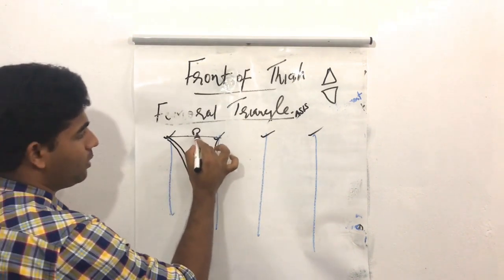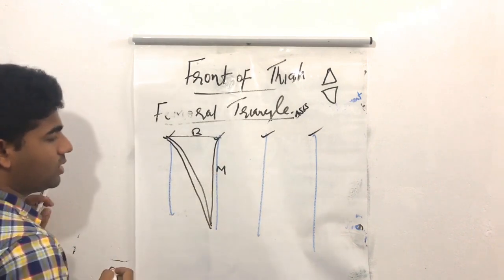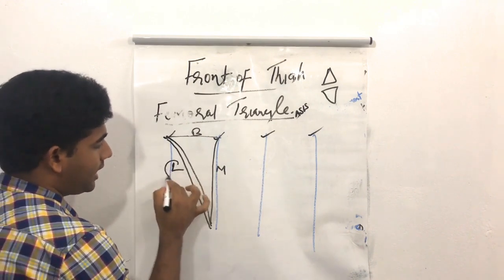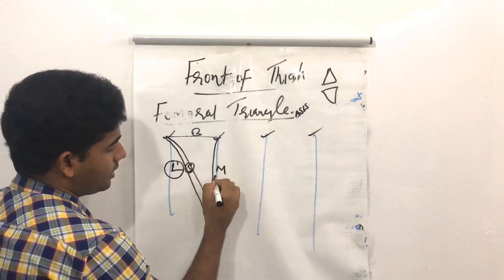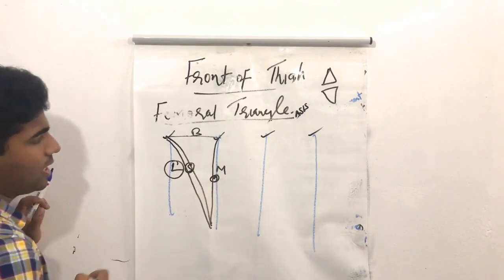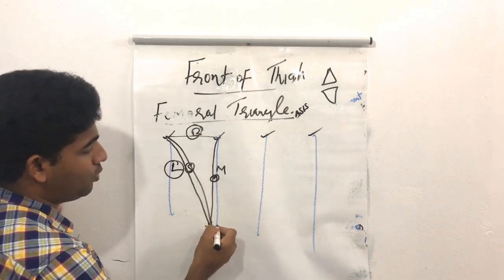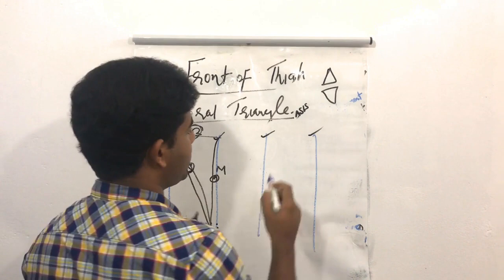So the base is formed by the inguinal ligament, the medial border is formed by the adductor longus muscle, and the lateral border is formed by the sartorius muscle. The apex is formed by the meeting point of both muscles. Clear? That is the first thing.